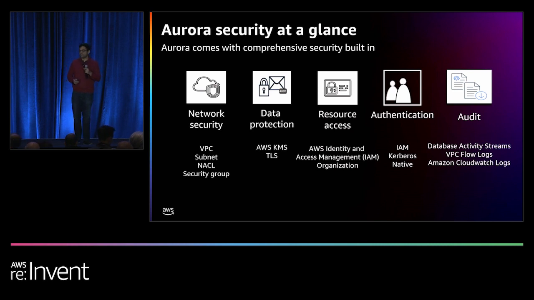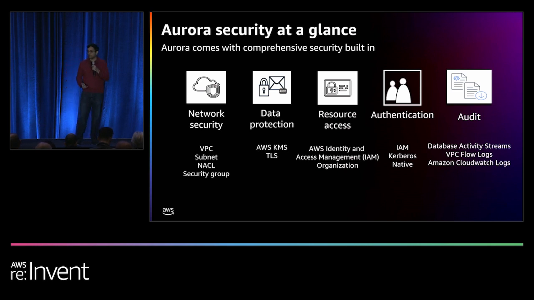With IAM policies and roles, you can control who can launch your cluster and what operations they can perform on your clusters. You can go as granular as instance class selections. And there are also various capabilities in the authentication and authorization aspects, right? Aurora supports IAM authentication, native password authentication, and also Active Directory or Kerberos authentication.